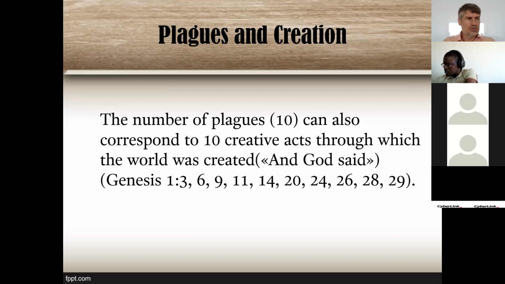For example, just last week we studied the book of Isaiah. Do you remember in the book of Isaiah, at the end of chapter 11, we can see this allusion to Exodus, when Isaiah says that in the future, God will divide the river, the Egyptian river, into seven streams, so that even a child can cross it.